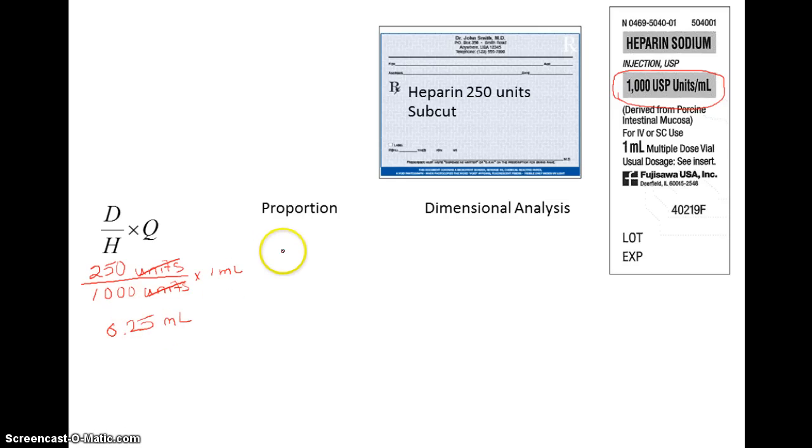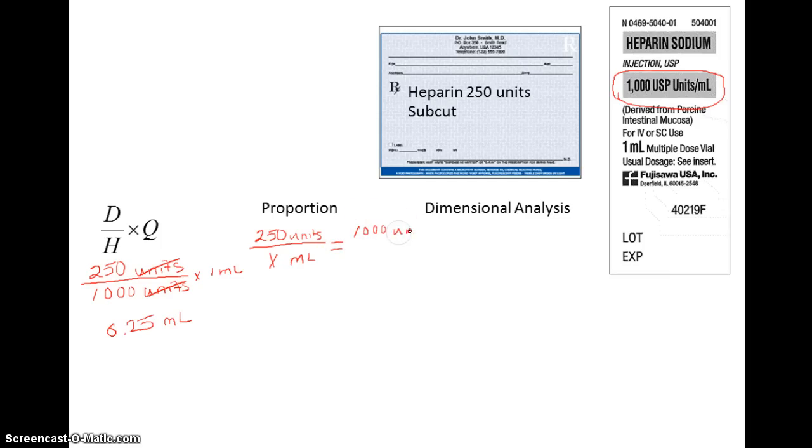Our next method is a proportion. For a proportion, we want equal fractions, so we're going to start with a doctor's order of 250 units. And we'd like to know how many mLs that is, so X mLs. From our label, we have 1,000 units.